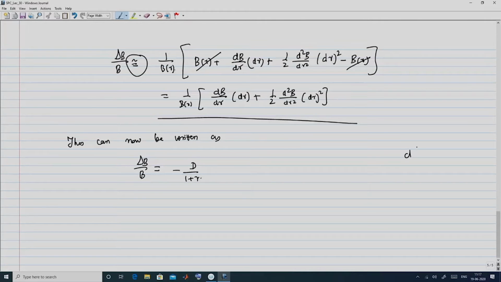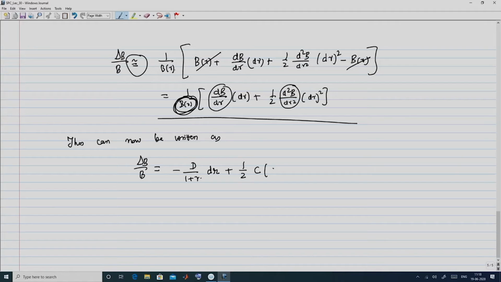So, now what we have? We basically have this term dB over dr divided by B of R. So, this is nothing but minus D over 1 plus r multiplied by dr, plus we have half d square B over dr square divided by B of R. So, this half term comes outside, and the remaining term, that is d square B over dr square over B of R, you would recall is the definition of convexity.